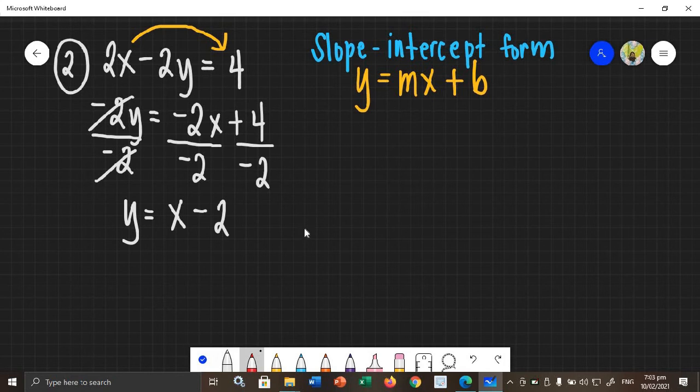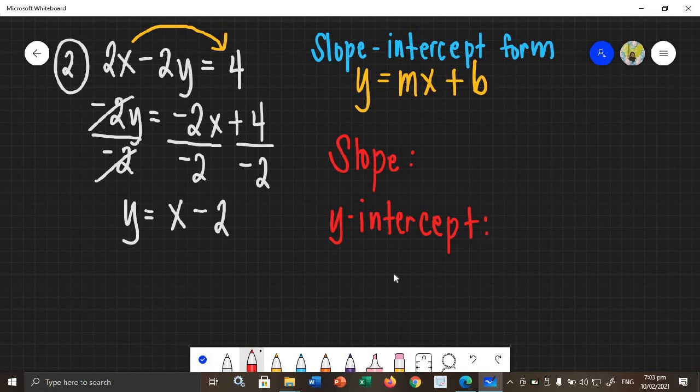Now, we can now identify the value of our slope and y-intercept. So, ang slope natin is, kahit hindi nyo nakikita, that will be equal to 1. And yung y-intercept natin in ordered pair na form is 0, and then yung b natin, yung y-coordinate, -2.